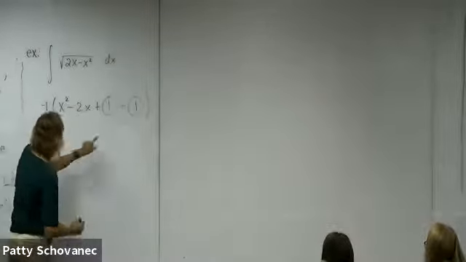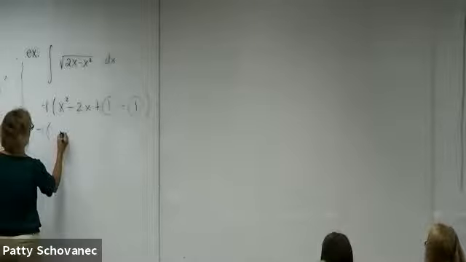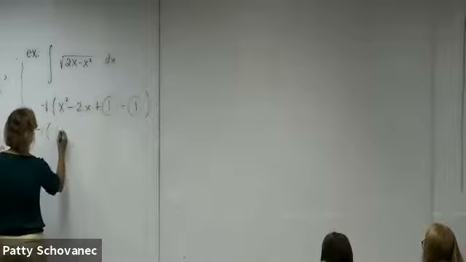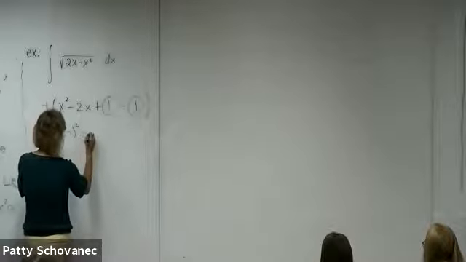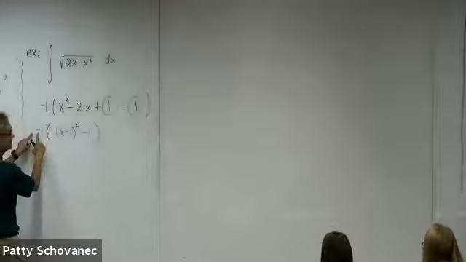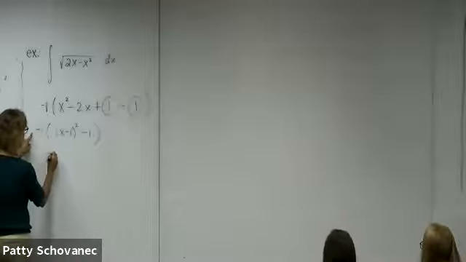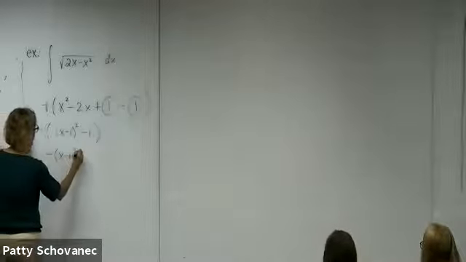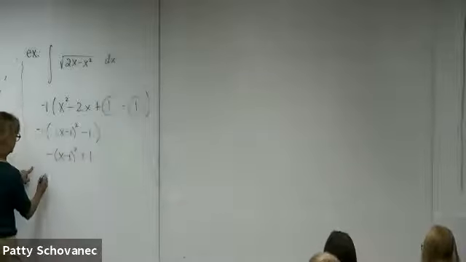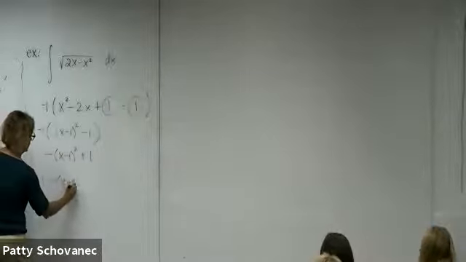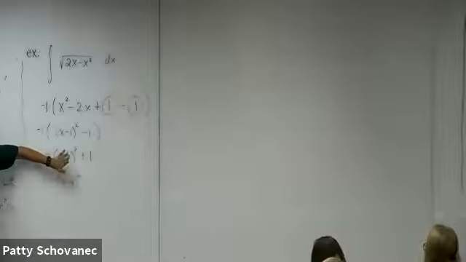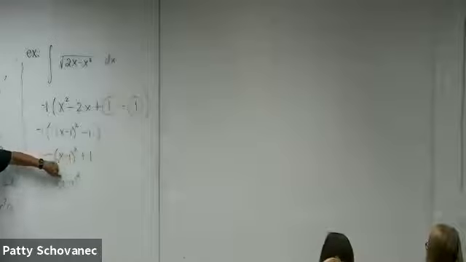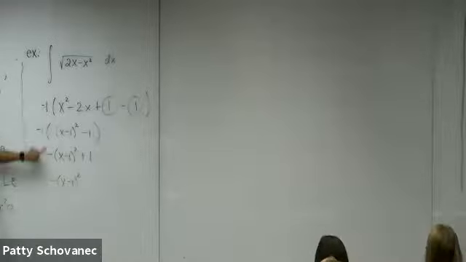The first 3 then will factor. Got a minus here, so it factors as (x minus 1) all squared. And then I have a -1. And now's where I put this back in. So you have a minus (x minus 1) squared plus 1, which we're going to write in the other order. And whether you have this as (x minus 1) squared or (1 minus x) squared, it doesn't matter. It'll give you the same thing. So that now is going to be under that radical sign.